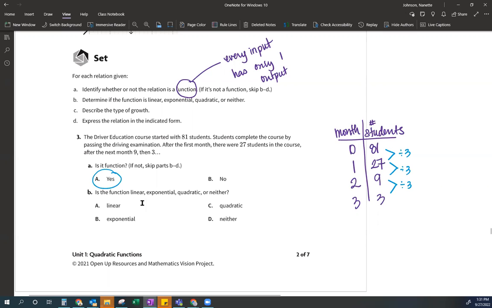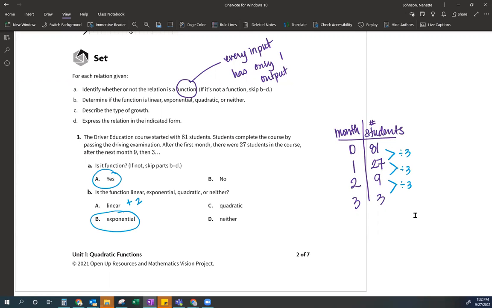Is the function linear, exponential, quadratic, or neither? So looking at the clues that I left you here, what do you think? Yeah, it is exponential. Very good. If you don't know, linear would have a constant, like +2, +2, +2, or -2, doesn't matter.